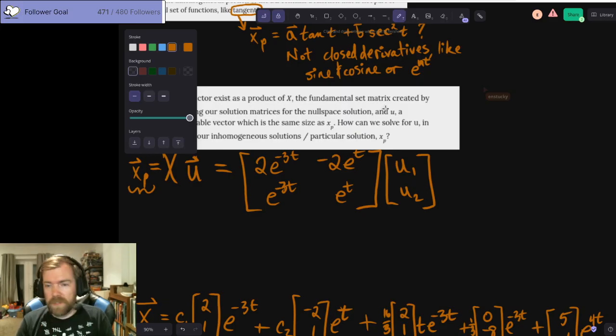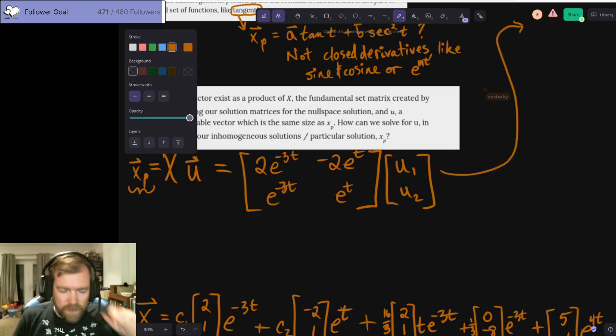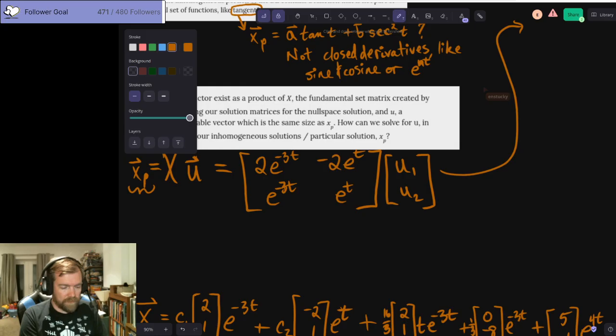Harbor, we're trying to work out what exactly this whole variation of parameters thing is for first-order systems of differential equations.